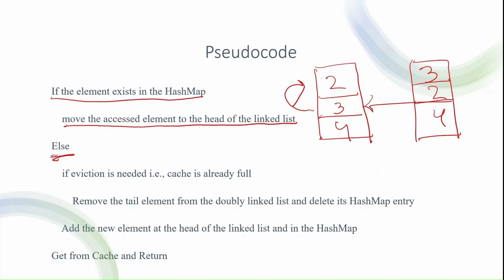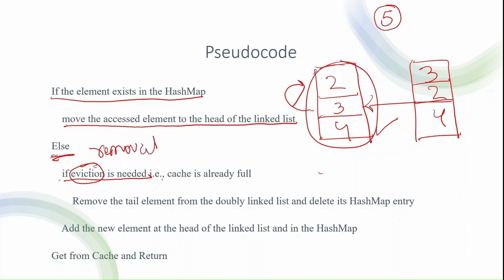Else means the element was not found. That means the processor asked for a value that was not here, and now we have to remove an element because the cache is full. If eviction is needed, when is eviction needed? Eviction just means removal.